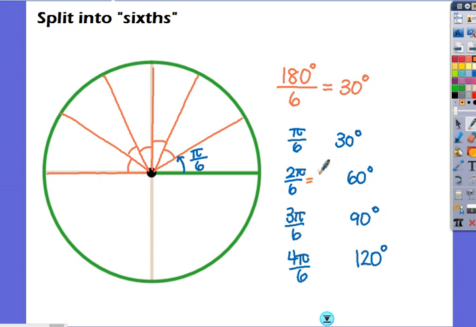This reduces to pi over 3, which actually we just talked about, right? 60 degrees is that top half of the circle split into thirds. 3 pi over 6 is actually just pi split in half, which is 90 degrees. And this is 2 pi over 3, which we also saw as a multiple of 60 on the last page. So that's how I want you to think of radians.